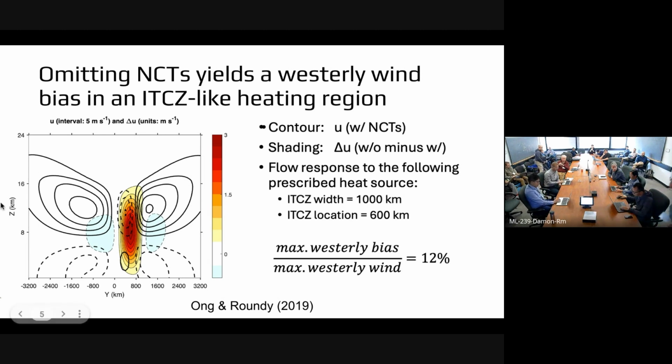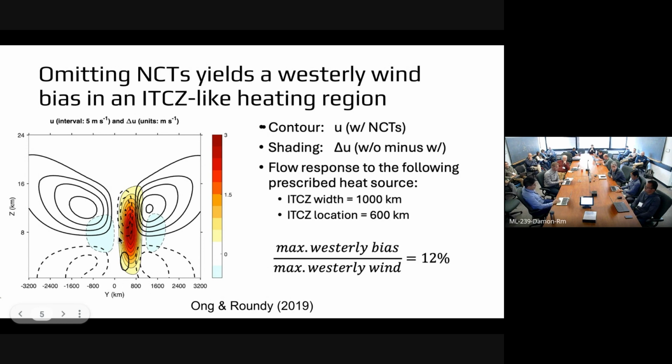Here's the result. This is a meridional vertical cross-section of the zonal wind field in contours, and the difference of the zonal wind field with and without the non-traditional Coriolis term. Basically, I'm looking at the bias introduced by omitting the non-traditional Coriolis term in the shadings. We see subtropical jets, which is promising.